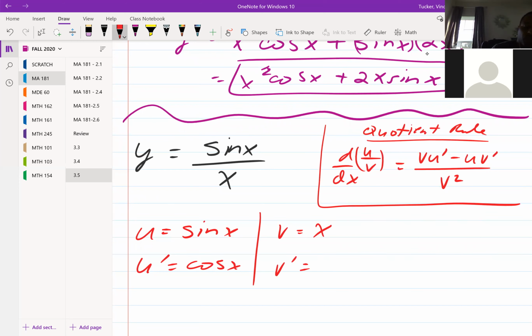And so this will be 1. So remember how that works. Once again, x, my exponent is 1. You bring 1 down front and then subtract 1 from it. So you're looking at 1 times x to the 0 power, and anything to the 0 power is just 1. So that's just 1.